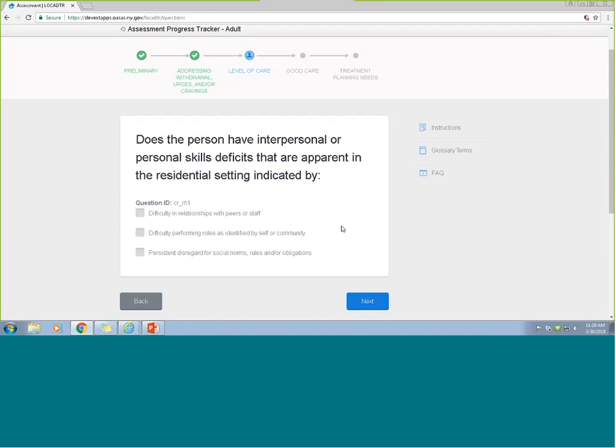So the reason that somebody would have been directed to rehabilitation in a residential setting are the issues around interpersonal skills, roles, and also the ability to conform to a setting's expectations or rules.